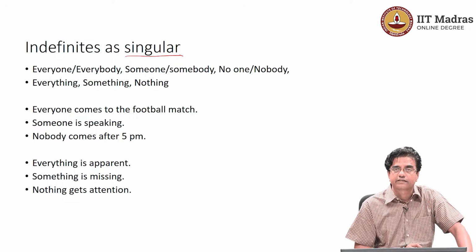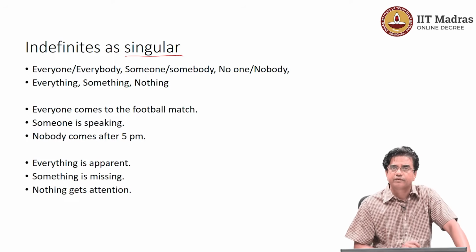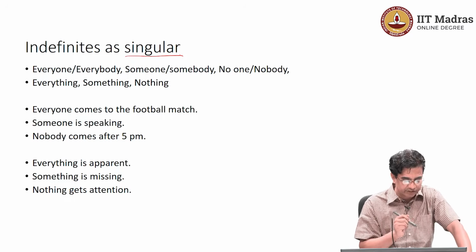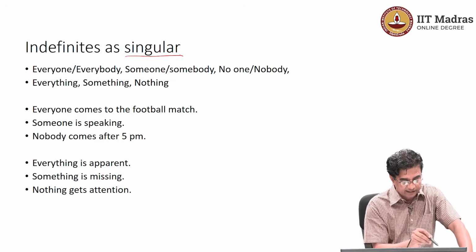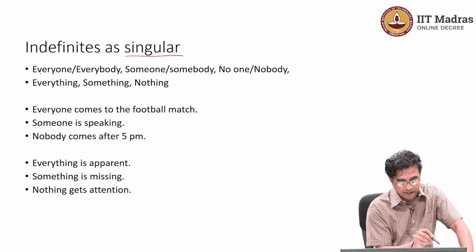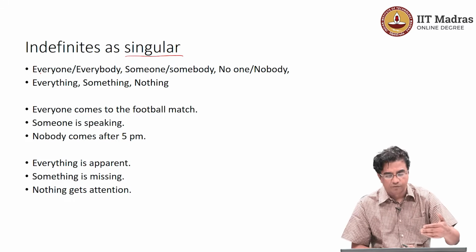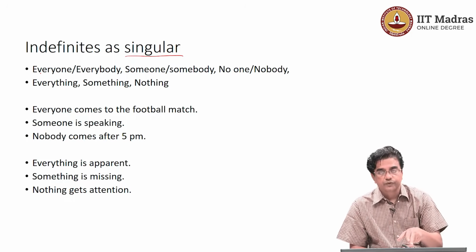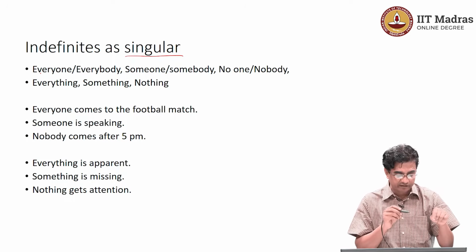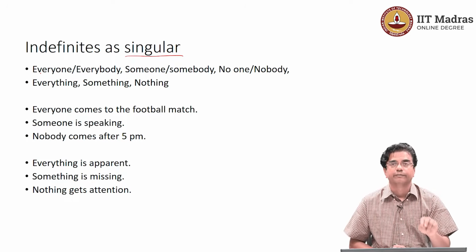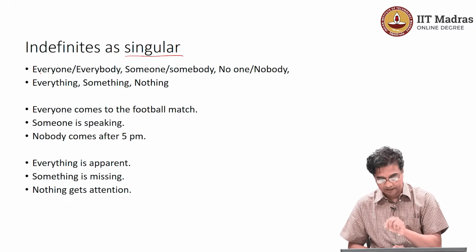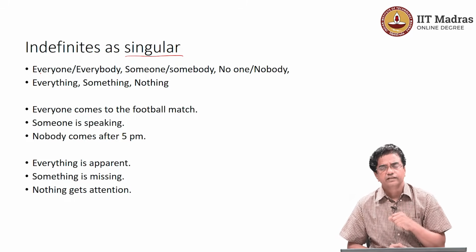They always select for singular agreement because they are singular in nature. So what are they? Things like everyone, everybody, or someone. So we have these counterparts like everyone or everybody, someone or somebody, no one or nobody. They mean the same thing.